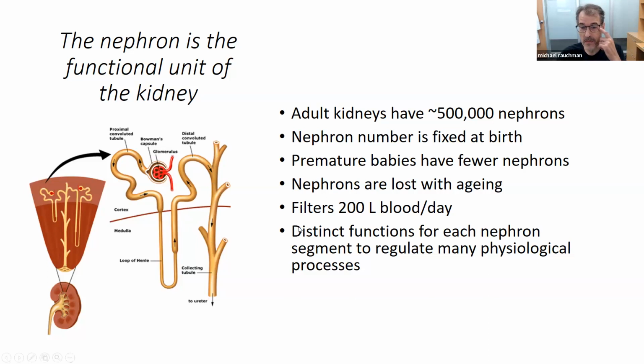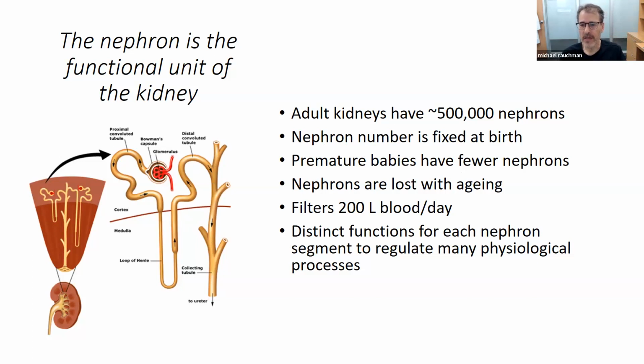For the purposes of developmental disorders, nephron number is fixed at birth. So you make your nephrons during embryonic development, and at birth, you stop making new nephrons.